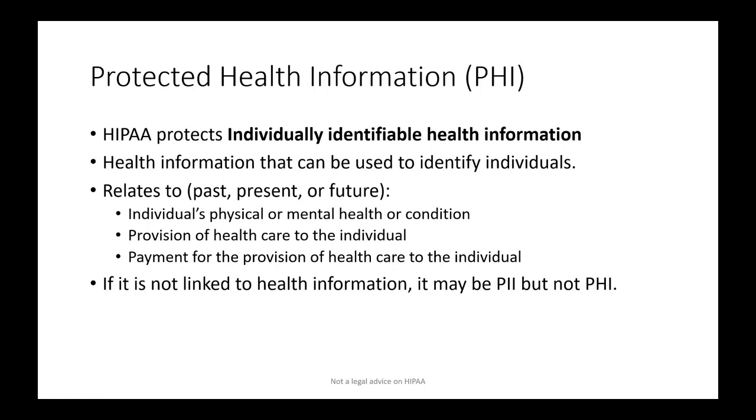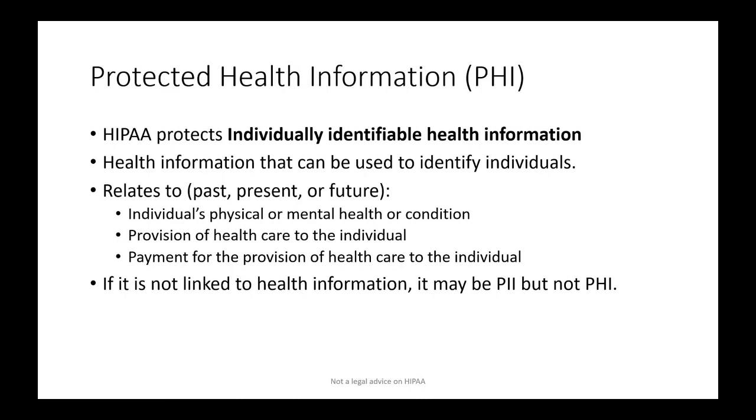But if you have health information linked or linkable with PII, then it becomes PHI under HIPAA. The idea is that someone's health information should not be used to identify that person, because that results in a healthcare data breach, and that has several legal consequences. So HIPAA cares about PHI.